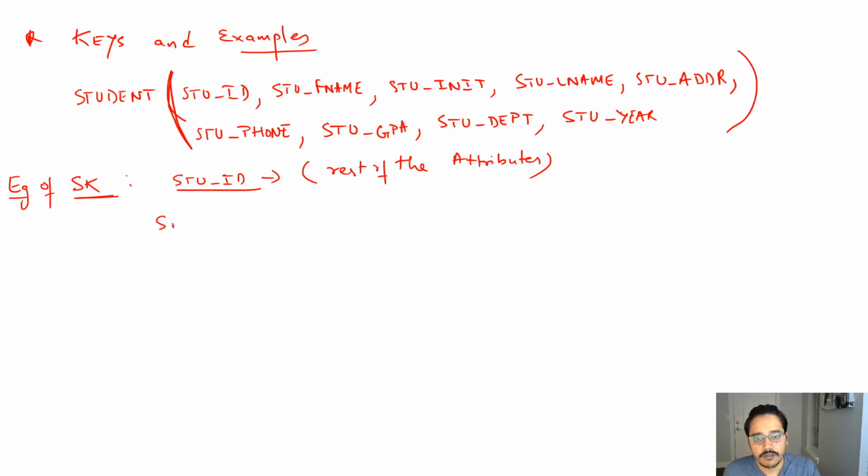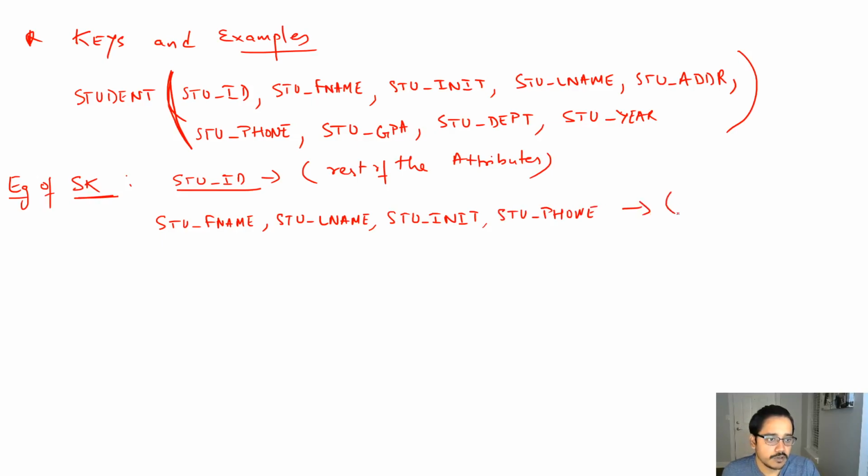So that means student ID is an example of a super key. Similarly, if you know a student's first name, last name, and student initial, along with student phone number, then you will be able to determine the remainder of attributes in the table, right?